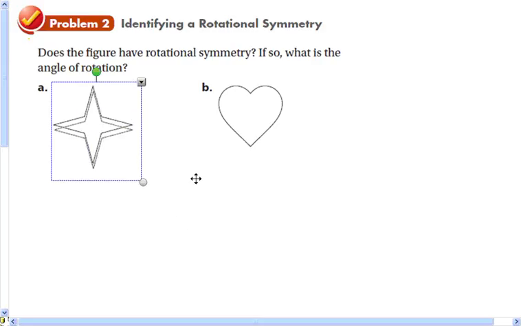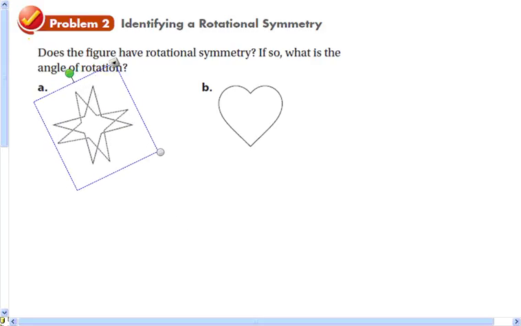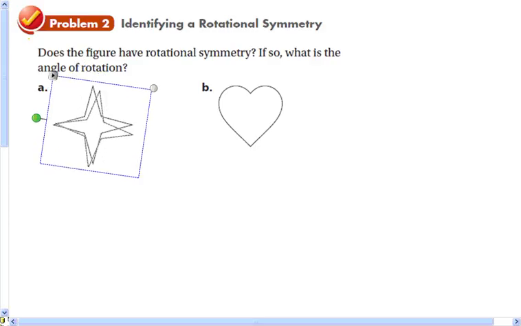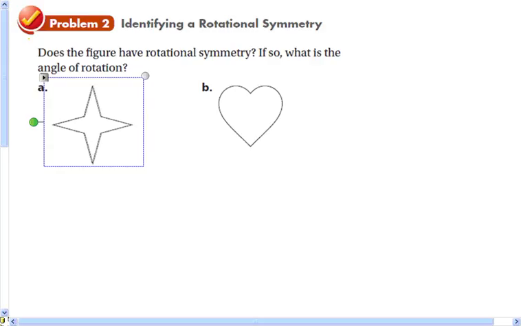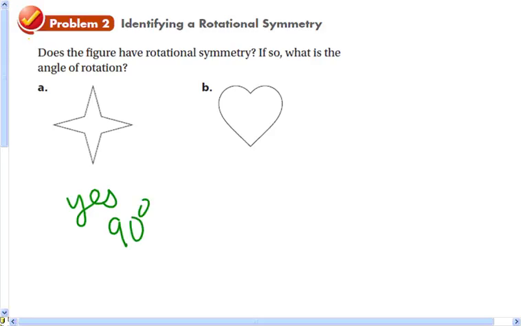So I need to be able to rotate it less than 180 degrees and land on itself. And I can see that this one lands at a 90-degree rotation. So we're going to say yes, because we map back on itself with a 90-degree rotation. And we can see that by putting in these lines of symmetry here and seeing that we would land on a line of symmetry after a 90-degree angle.